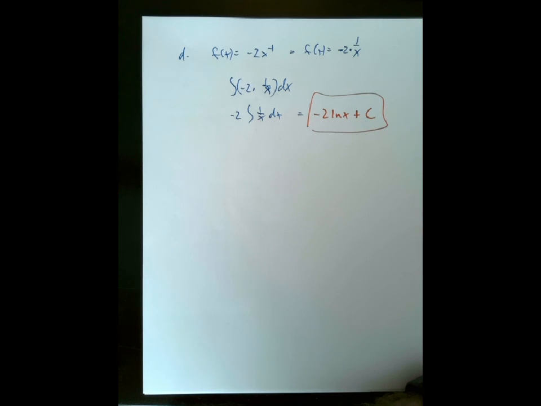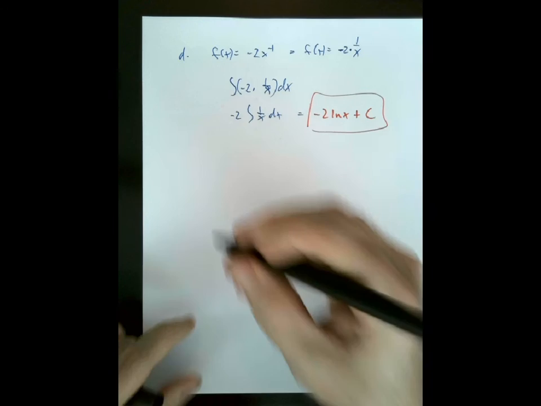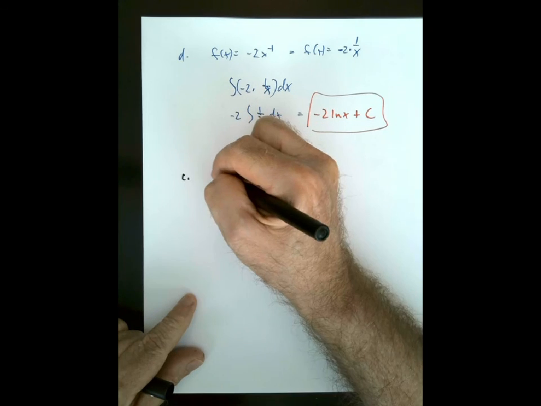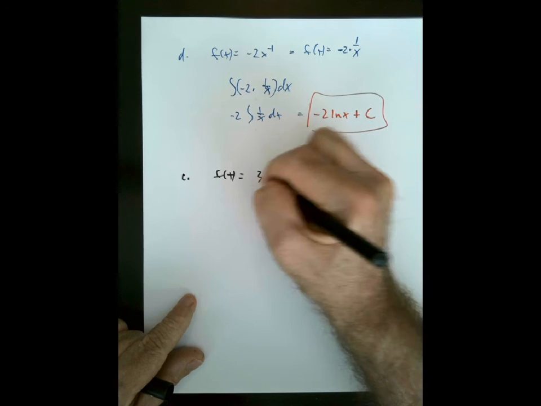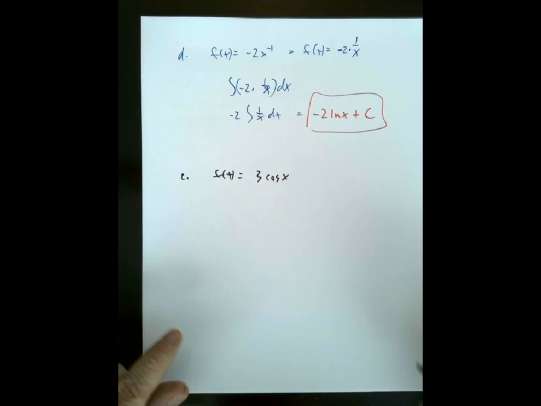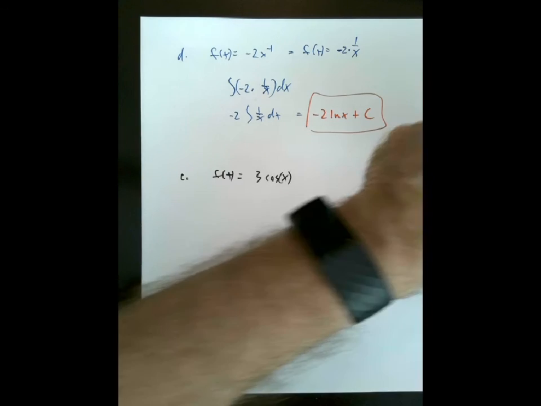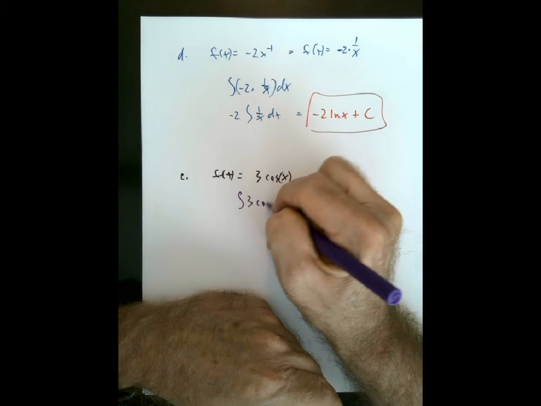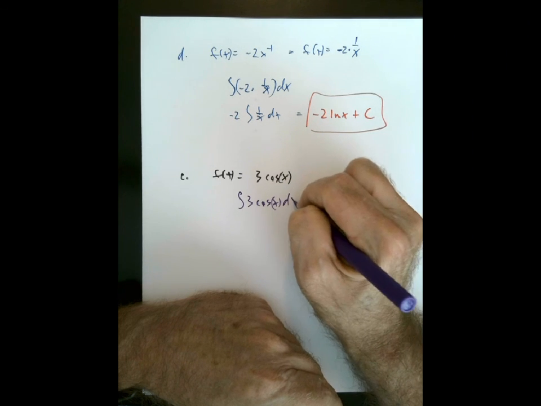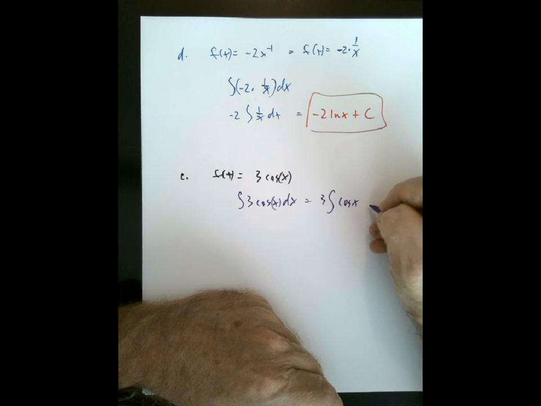Okay. How about E? What if we had f of x equal to 3 cosine x, and we want the antiderivative? Well, that's going to be the integral of 3 cosine x dx, which is equal to 3 on the outside, cosine x dx.